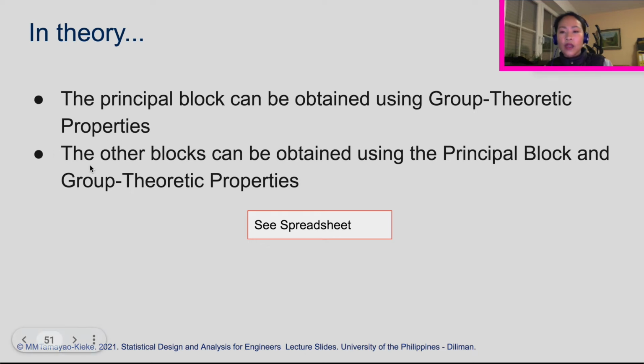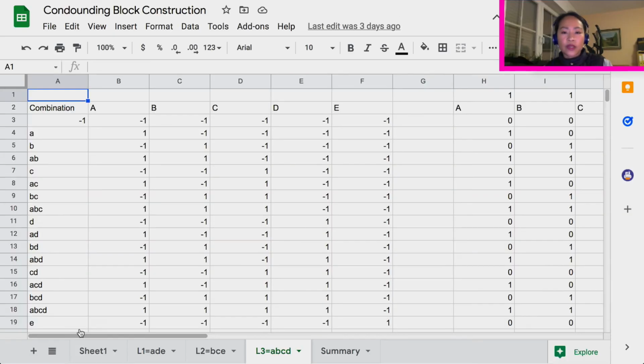The other blocks can be obtained by using the principal block and its group theoretic properties, and that is we can just select one element from the other block and multiply it by each element of the principal block. Let me illustrate that. Let's look at this.